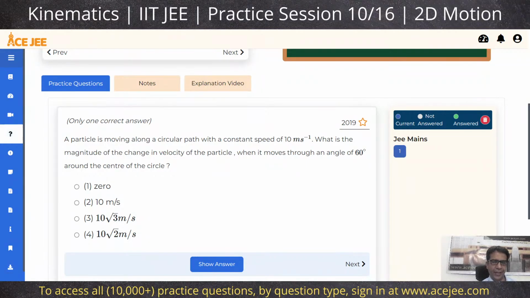And they're interested in the magnitude of it, not in the vector unit vector notation. So 10 meters per second.